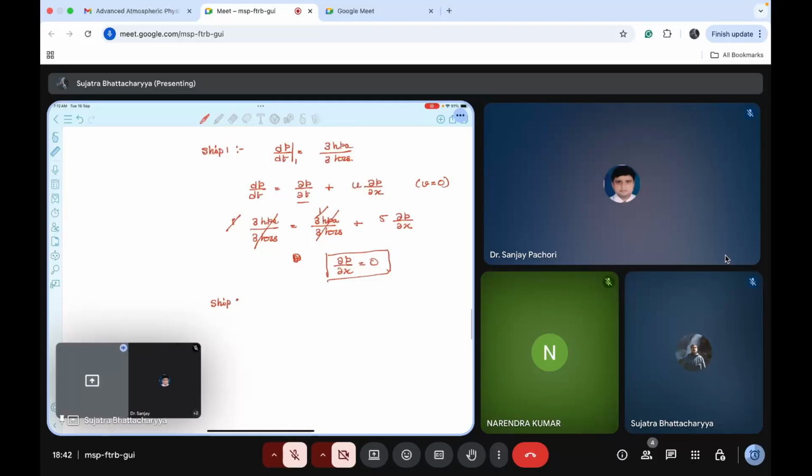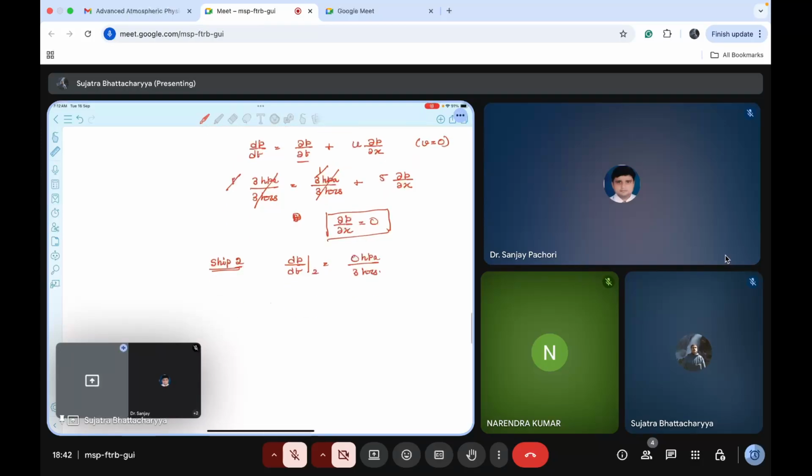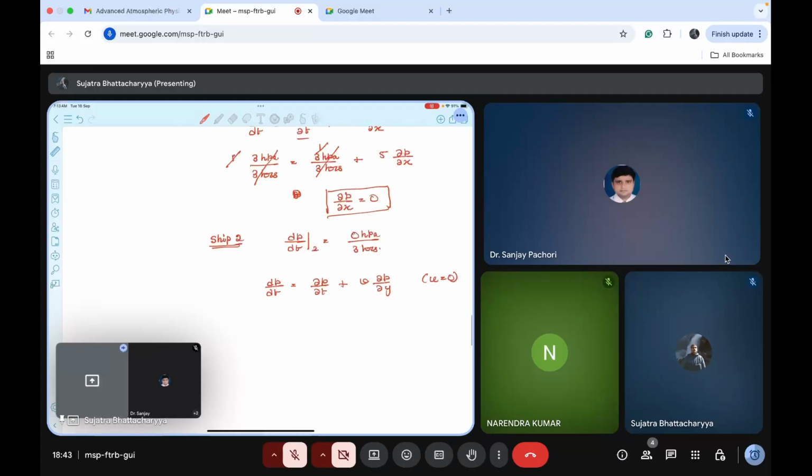From ship 2, if you apply now, dP for ship 2 is 0 hectopascals in 3 hours. Again, if we apply this, it will be this because it is moving only northward.